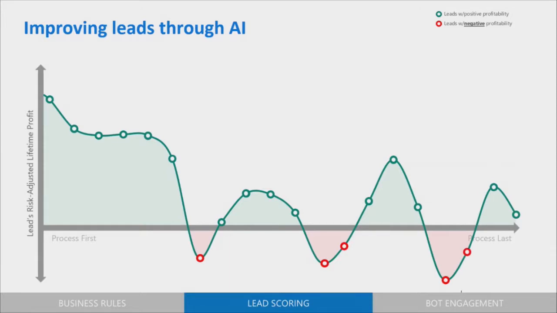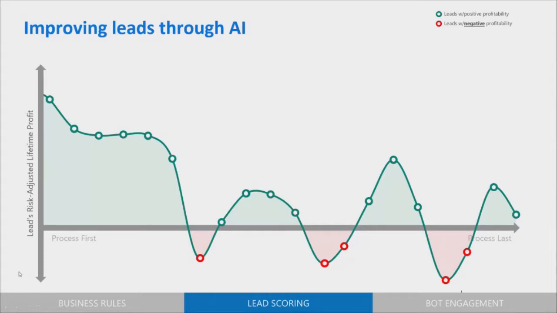And the actual results ended up looking something like this, which wasn't great because here you're processing leads that are negative profitability before higher profitability. So here's an example of a lead that you would want to process last, or maybe not even call. And so that rules-based scoring had a lot of limitations.